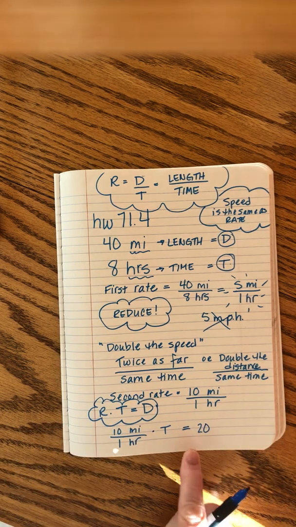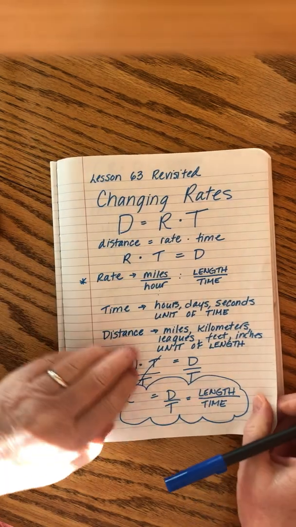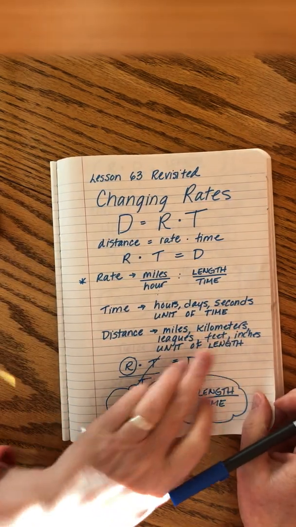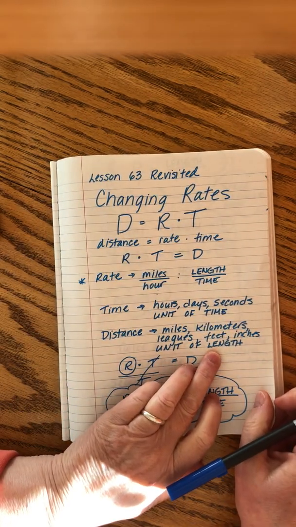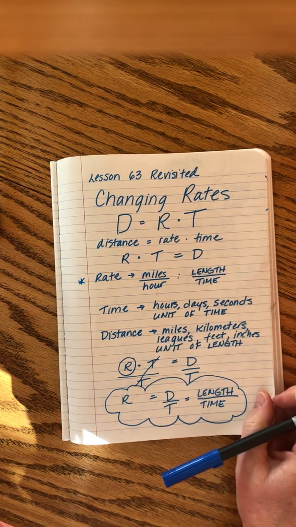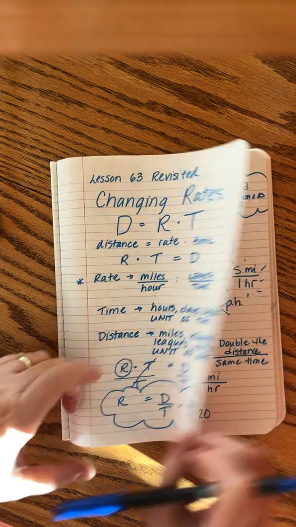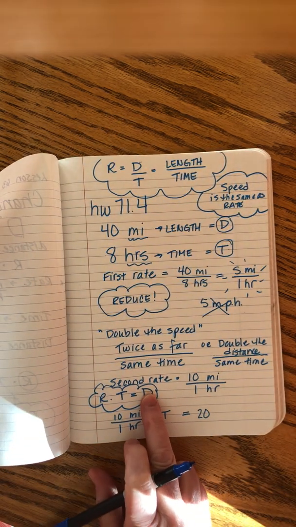Okay, and we know 20 miles is a distance because we figured out last time that distance is a unit of length. So when it says how long does it take her to run the next 20 miles, miles is a distance, so we know we plug that in for the distance.